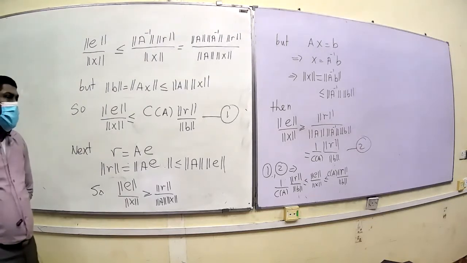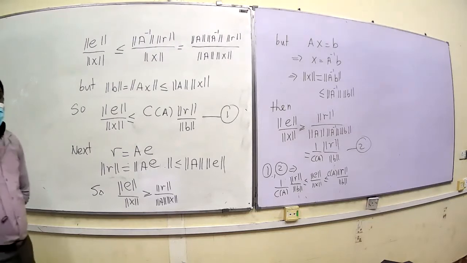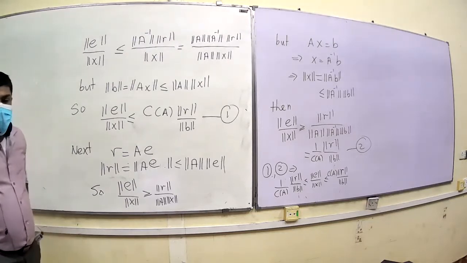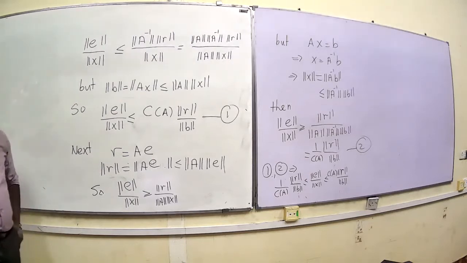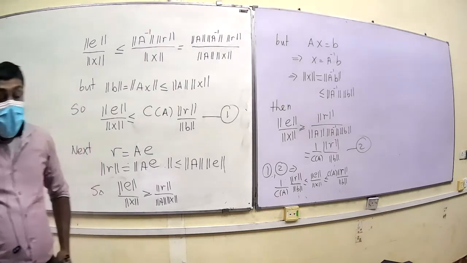But that small mistake might give you a large mistake in the solution. Right? Even though you make a small mistake, it is possible that for some systems it will lead to a very big mistake in the solution, right?